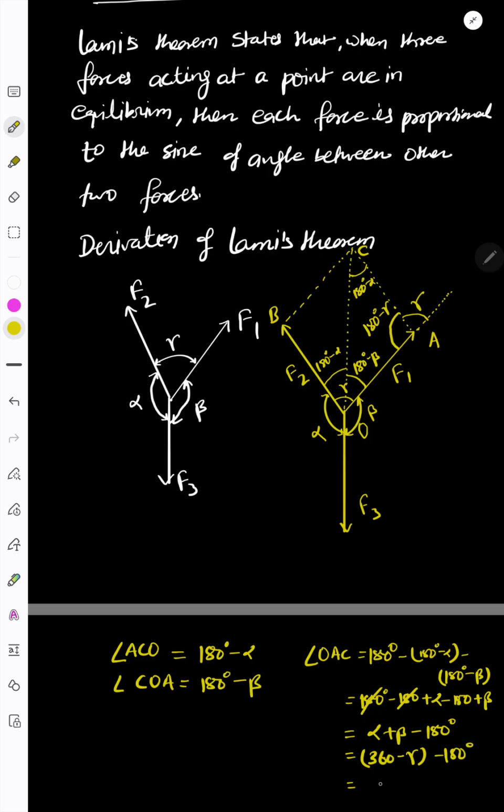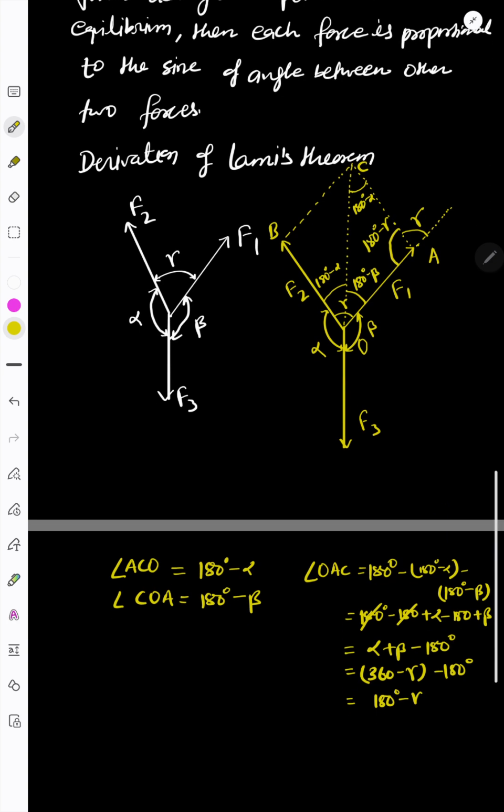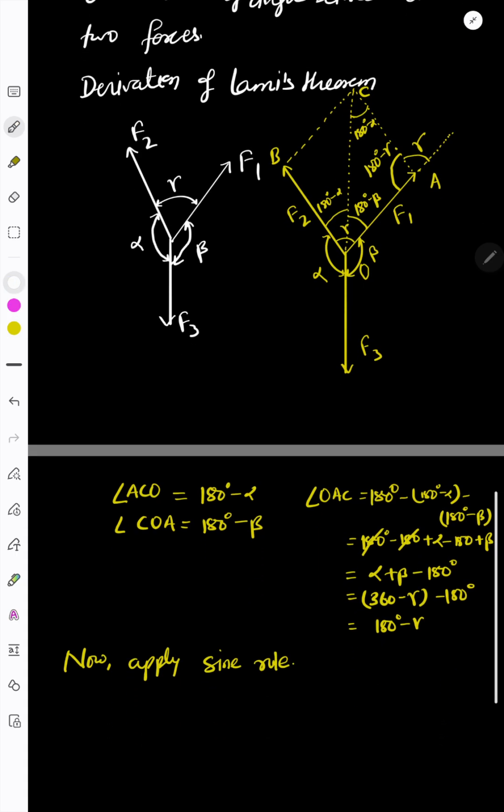If you simplify, it will be 180 degree minus gamma. So we have the angles. Now we'll apply the sine rule.